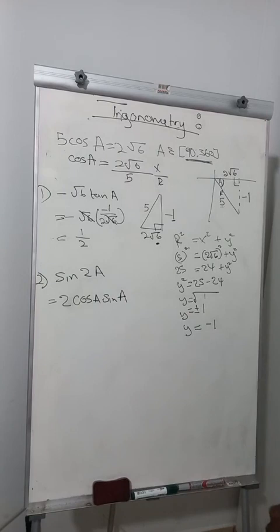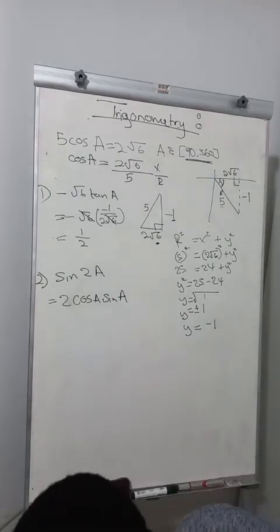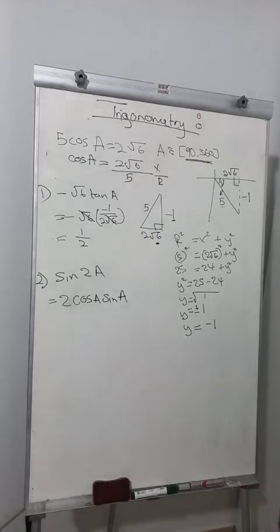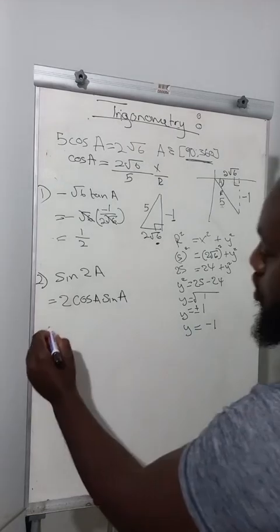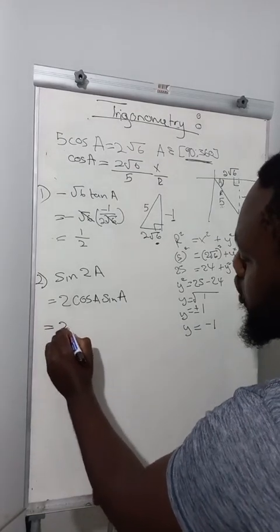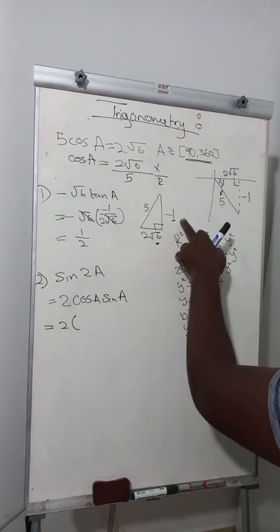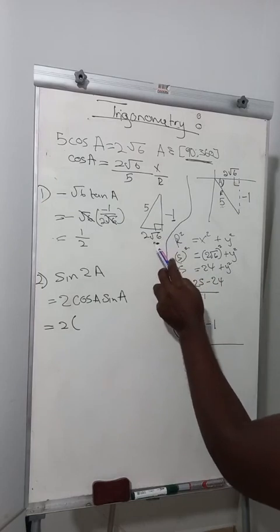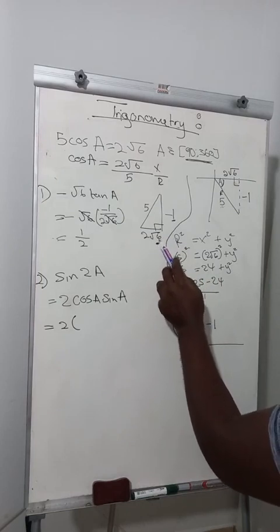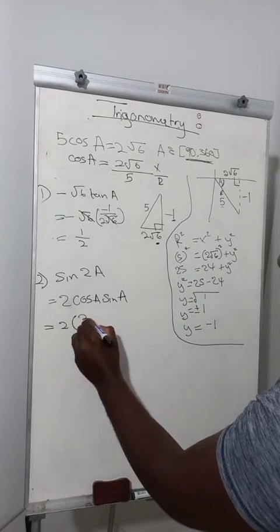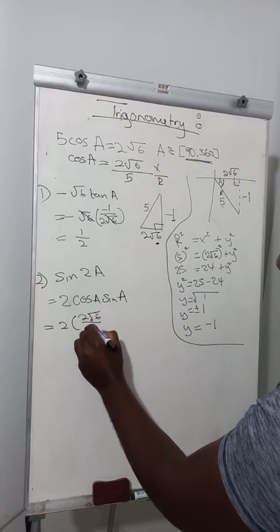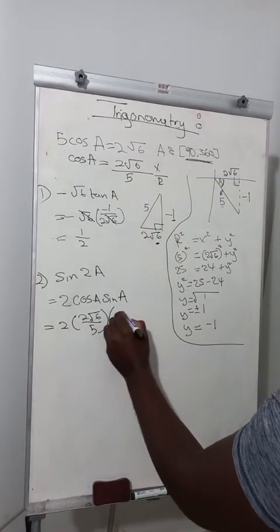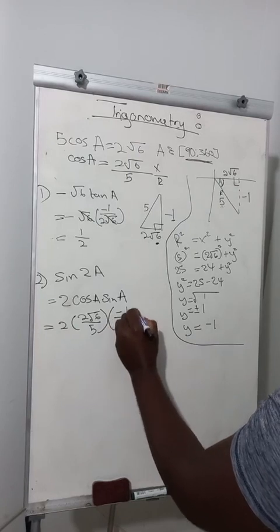So look at what cos a is, and also what sine a is. So you've got 2, then where there is cos a, look at the diagram. Cos is just 2 root 6 over 5, multiplied by sine, which gives negative 1 over 5.